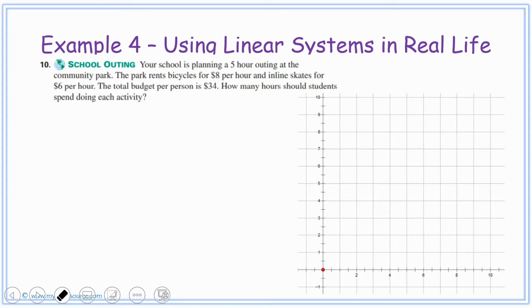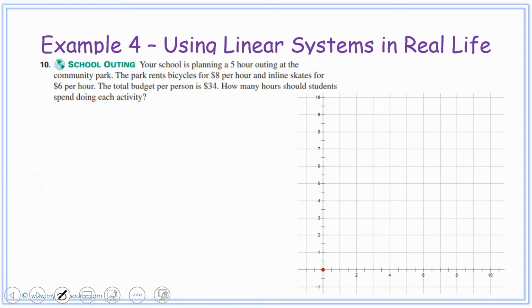All right, let's formulate a linear system. For this one, you can create a verbal model. Remember, we've been practicing verbal models in the past, so it's the same concept. You're going to need two linear equations. The first one could be in terms of time.